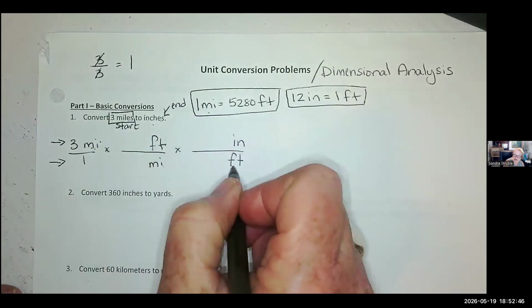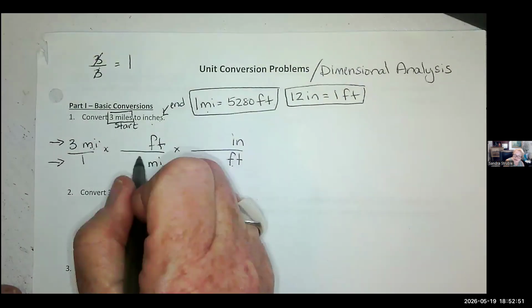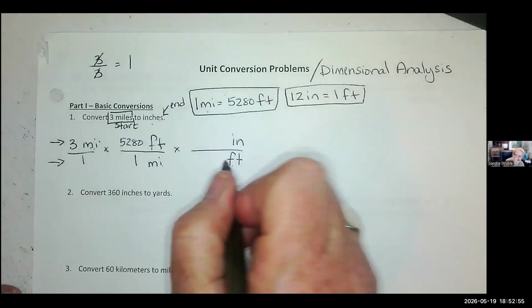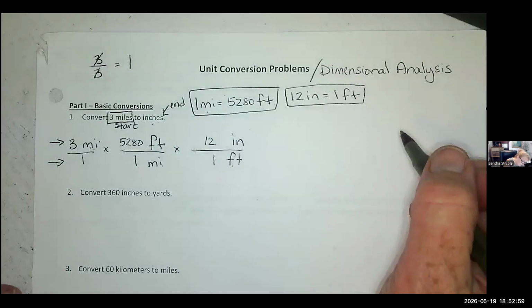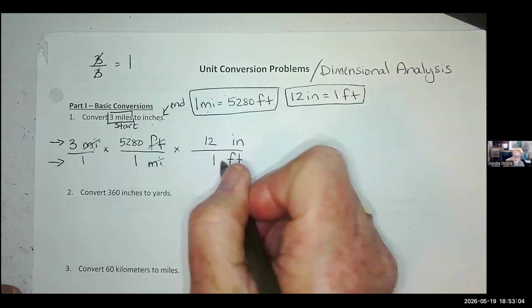Now's when I plug in my numbers. 1 mile is 5,280 feet. There's that conversion. And 1 foot is 12 inches. When you multiply, again, straight across, the miles are gone, the feet are gone, and we're left with inches. That's the goal.